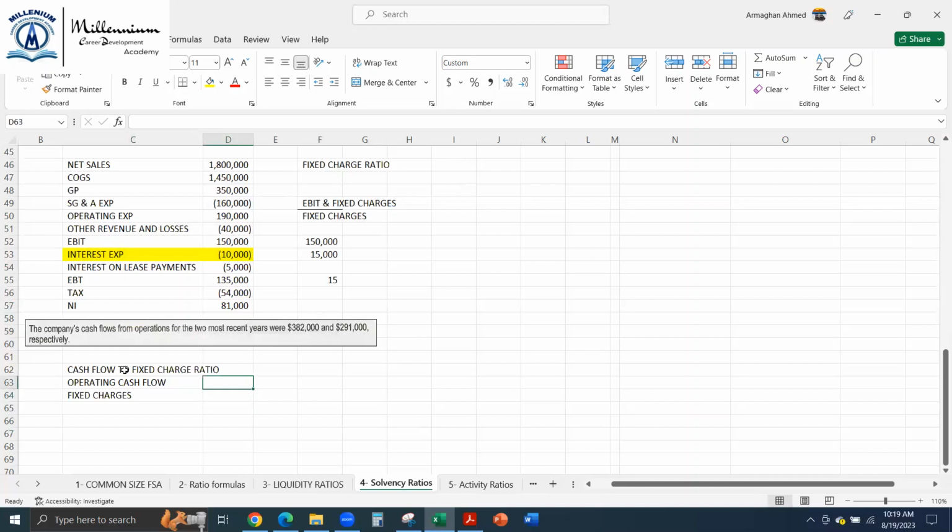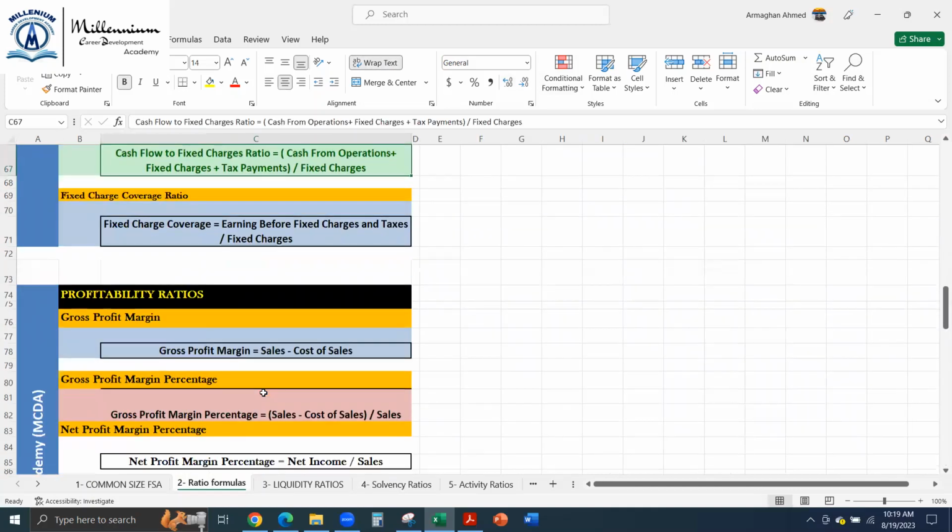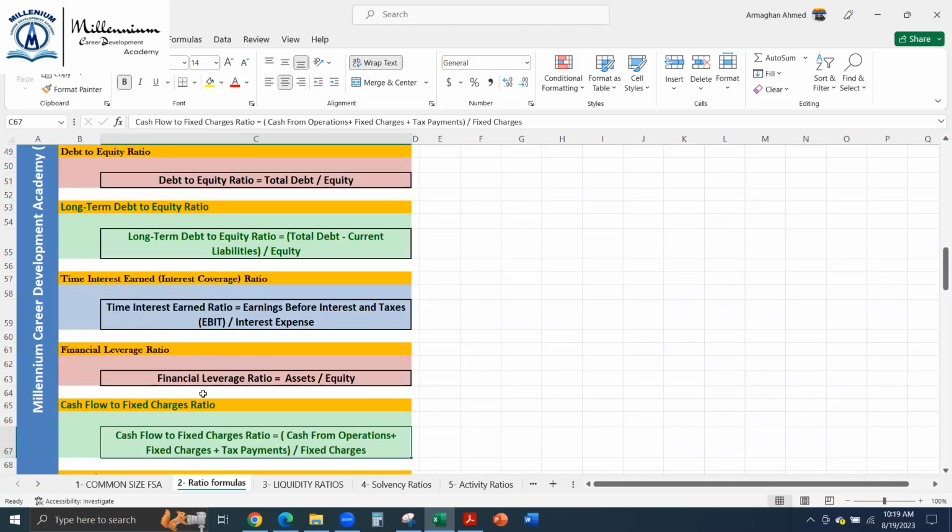In our case, operating cash flow is given as 382,000, and fixed charges are 15,000. So we can calculate 382 divided by 15, which is 25. We have 25.5 as the average. So we calculated all the formulas which were there.